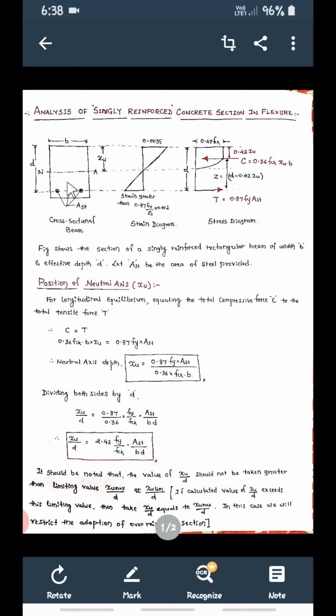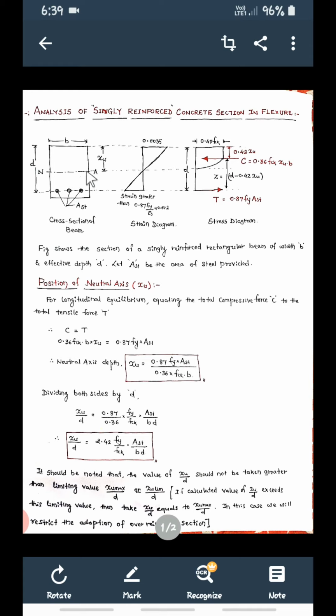You may ask, here also concrete is there? Yes, concrete is there, but the assumption says that the tensile strength of concrete is neglected, because concrete is very good in compression but very weak in tension. So even though the concrete is there, it will be neglected because it will not take any tensile stresses. So this portion is the compression zone, and below this portion is the tension zone.